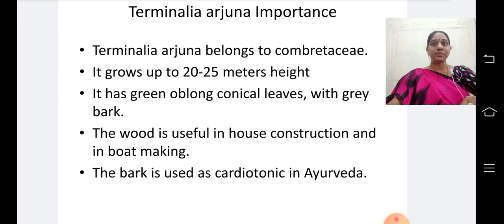It is useful for ulcer treatment, fractures, cirrhosis of liver, heart diseases, hypertension. So the bark is very useful in Ayurveda. The wood is also important in boat making.